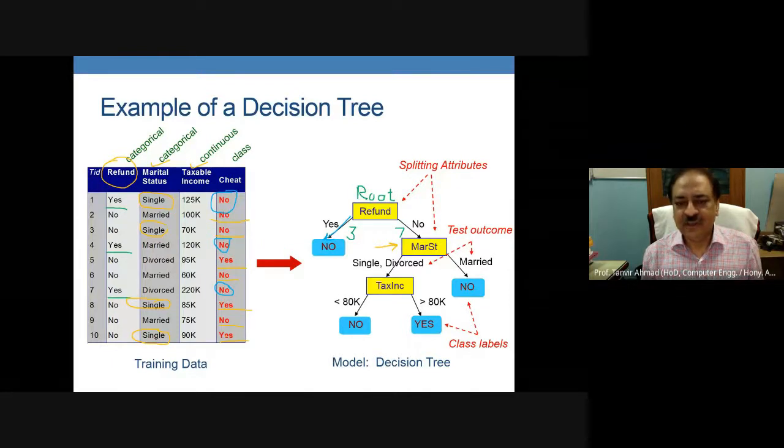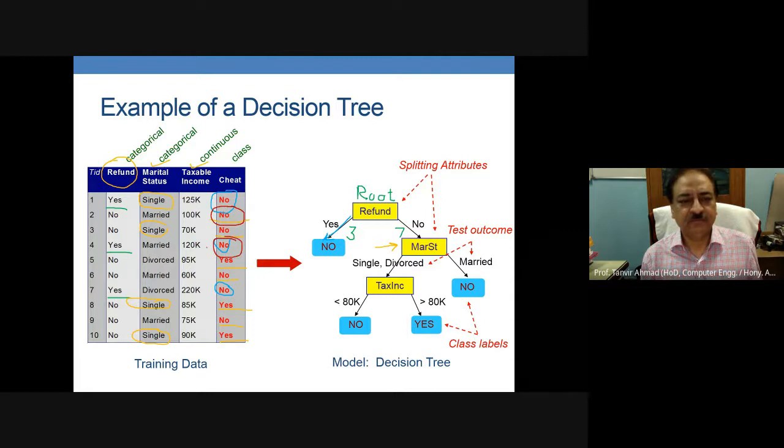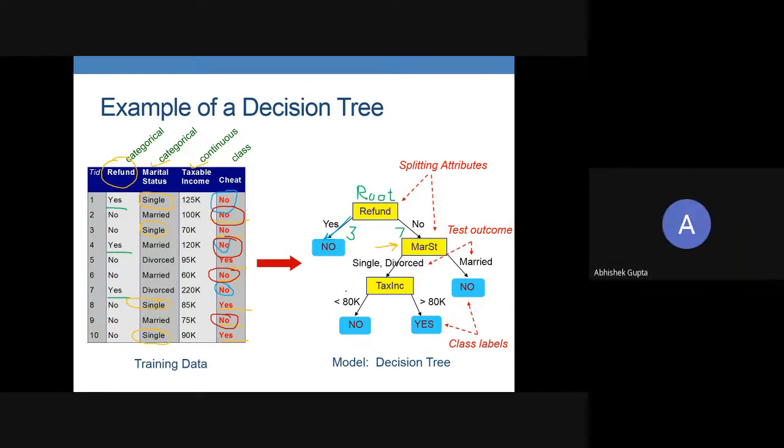Now you check for married. See, married is this one. Now you check for this one. What did you get? It's a pure partition, the same class.